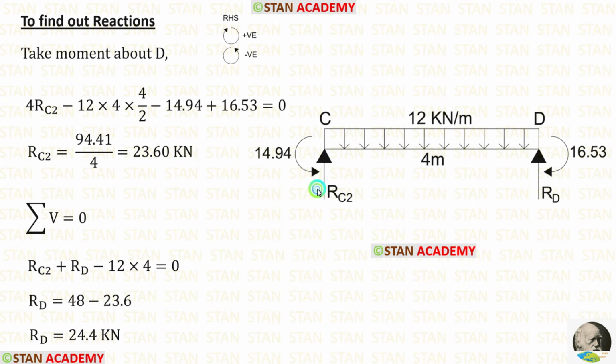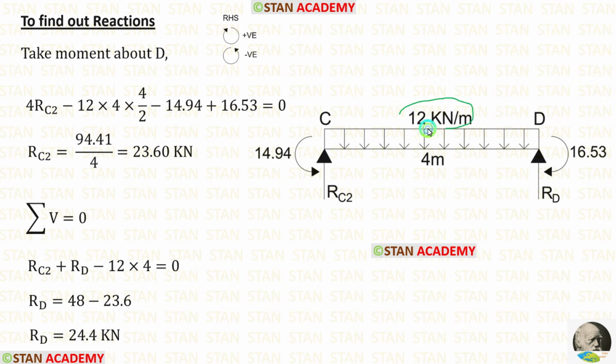In this span, first I am going to calculate RC2. For that, I am going to take moment about D. The vertical reaction RC2 is acting towards the point D in the clockwise direction, so it will be positive and the distance is 4 meter, so 4 RC2.